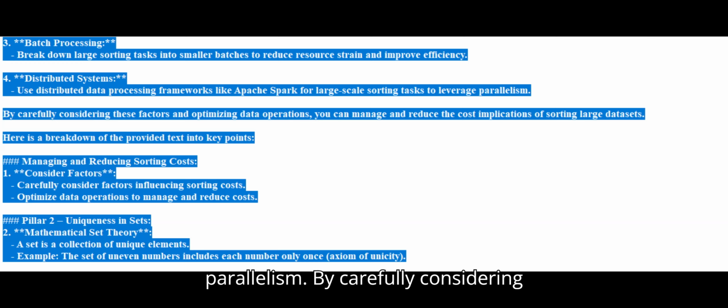By carefully considering these factors and optimizing data operations, you can manage and reduce the cost implications of sorting large datasets. Managing and reducing sorting costs. 1. Consider factors. Carefully consider factors influencing sorting costs. Optimize data operations to manage and reduce costs.